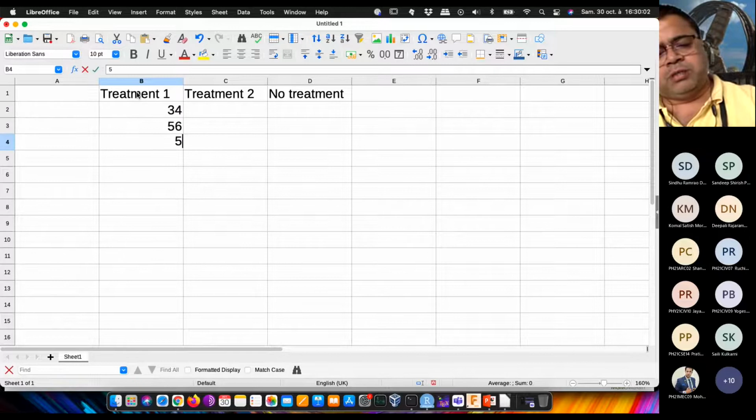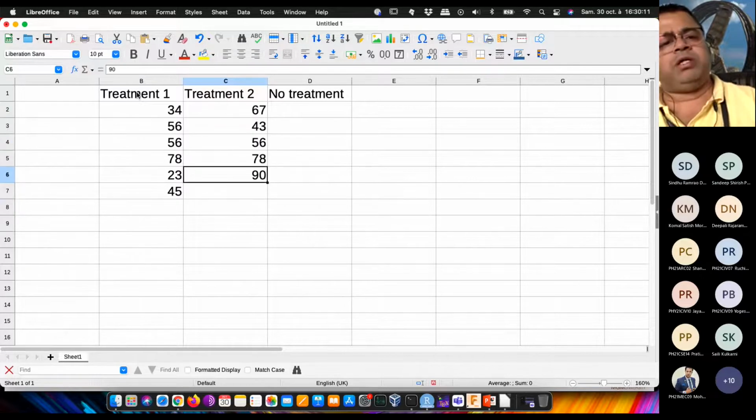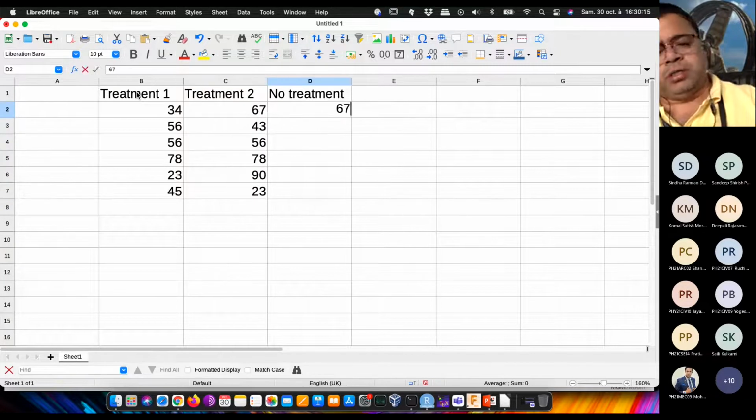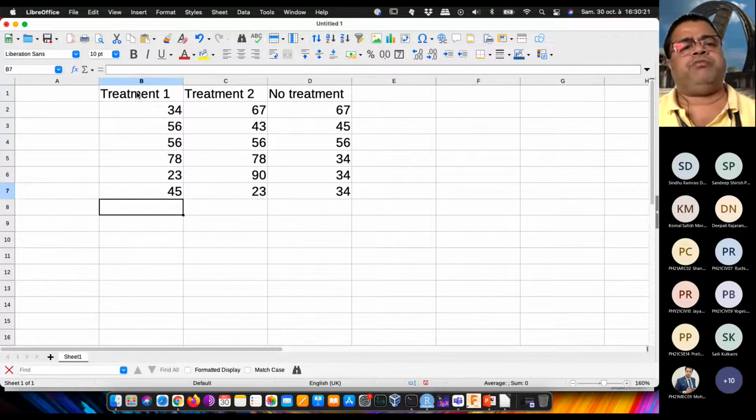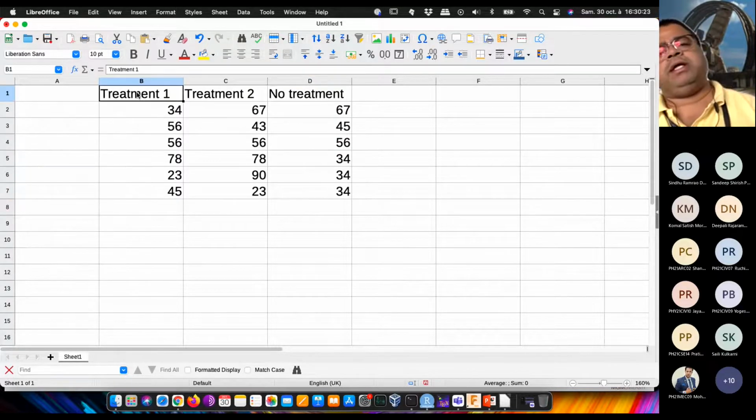I'm randomly putting some values, this is not pre-calculated. Now my requirement is to find out whether there is a difference between these treatments or not.